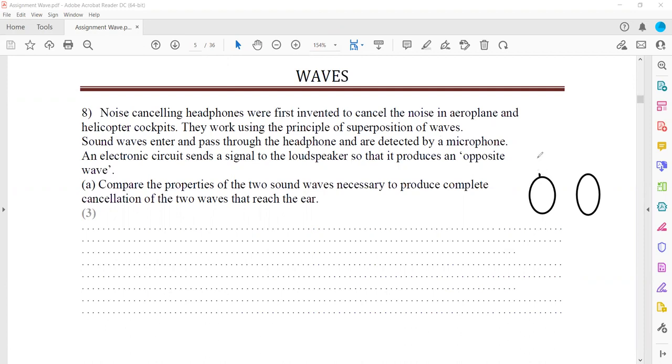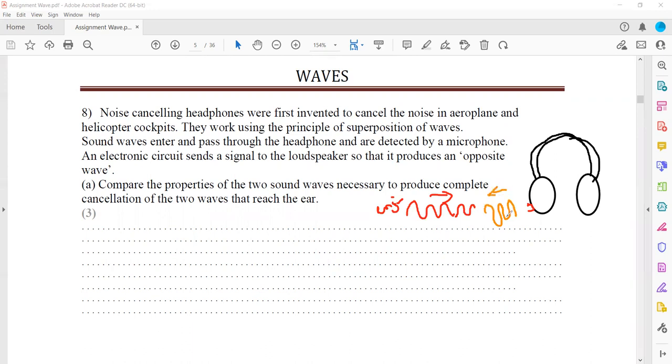these noise cancellation headphones, for example, if the sound is coming from the engine, this is just a representation, because sound waves are not transverse, they are longitudinal. So if the sound is coming from the engine, to cancel this out the headphones produce a sound of the same frequency but in anti-phase, opposite phase.